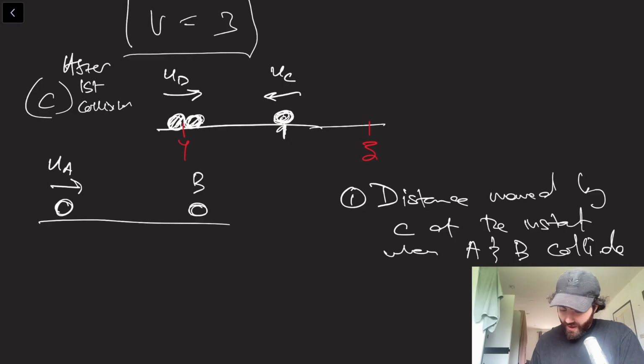Because if we find that, then we know where C is when A and B collide. Then, since they're both moving towards each other at certain speeds, we can find out how long it takes for them to actually hit each other.